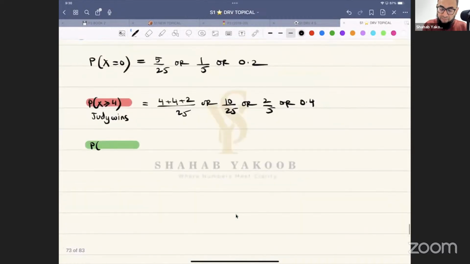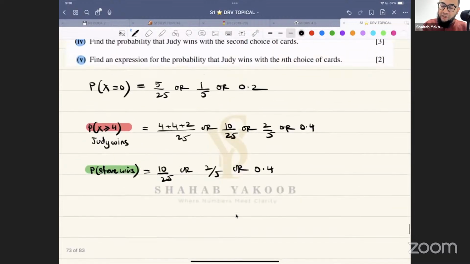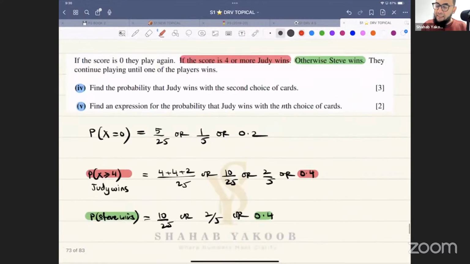So probability Steve wins is also 10 over 25 or 2 over 5 or 0.4. So there are three probabilities that we are dealing with. The green probability, the red probability, and let me write over here, if the score is 0, they play again. That is this probability. So this is play again.